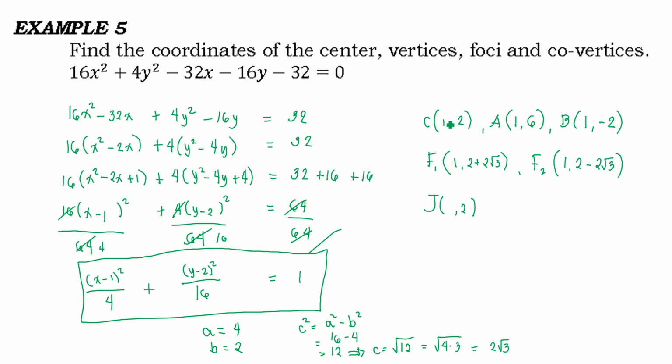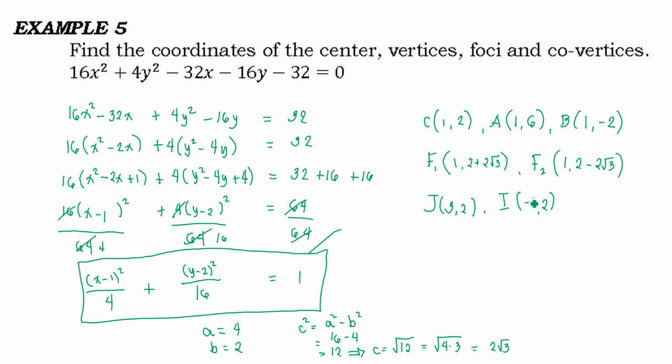So, that becomes 1 plus 2, here b is 3. And for our other co-vertex, just copy the y coordinate of the center and then subtract b from the x coordinate of the center. So 1 minus 2 equals negative 1. And these would be the answers.